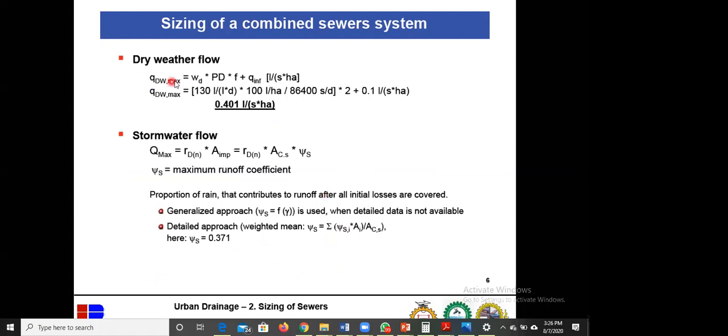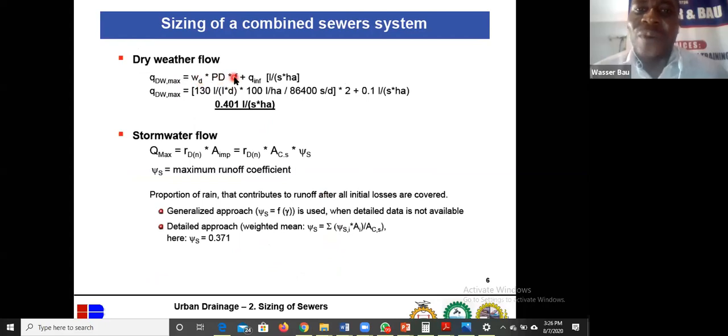Good. So to calculate for the sewer line, we multiply the water demand by the population equivalent, by the safety factor, and then we added the parasite water, and it gave us about 0.401 liters per second per hectare. In the ideal case, we are supposed to have the value in liters per second so that we can easily go to our charts and dimension the pipe and size the pipe.